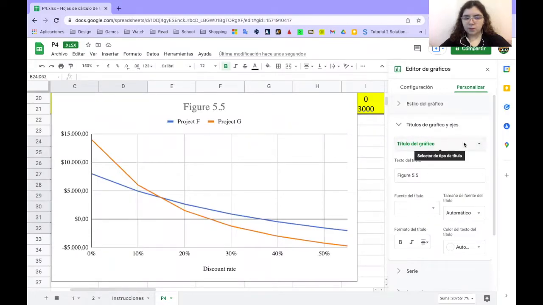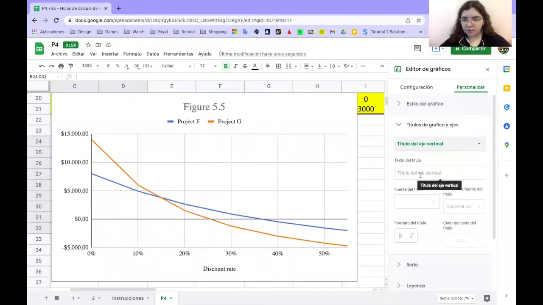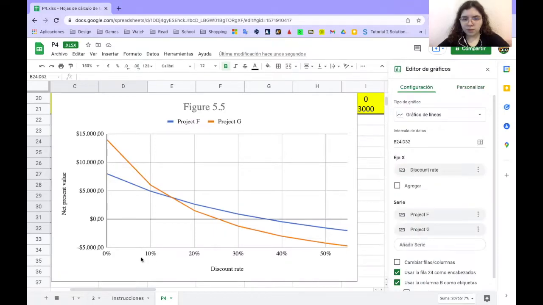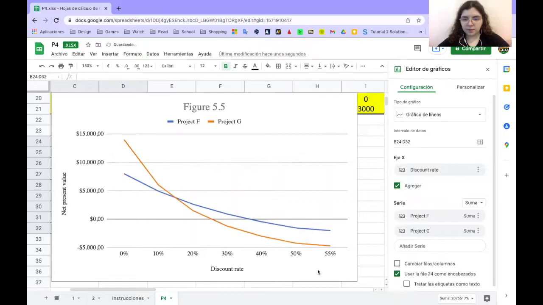Well, then I'm going to put the names of the axes. First, the vertical axis, I'm going to put net present value. There. Next, I'm going to change this so we can see the 55.